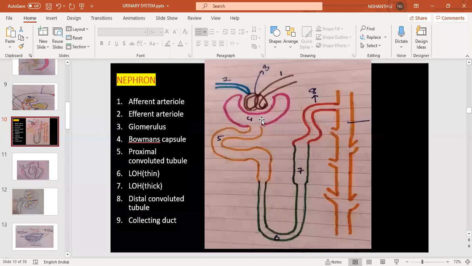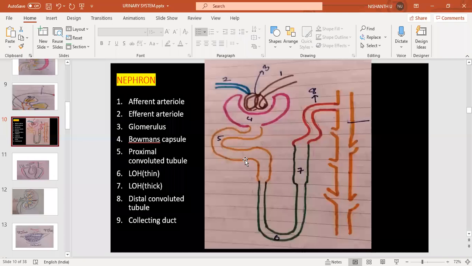Instead of 120 ml, consider some 200 ml is filtered. Glomerular filtration rate is 120 ml on average, but instead the glomerular filtration rate becomes 200 ml. What will happen? Obviously, the movement of the filtrate will become very fast because it is 200 ml.